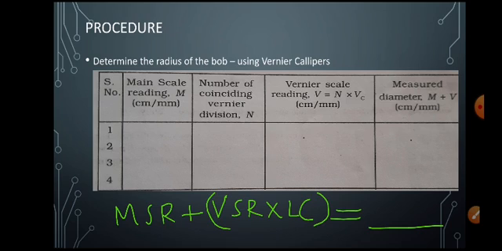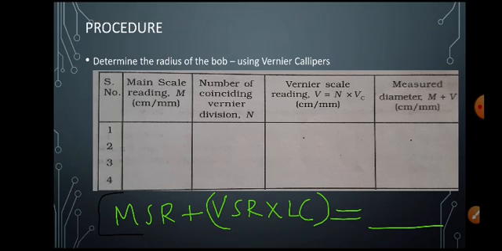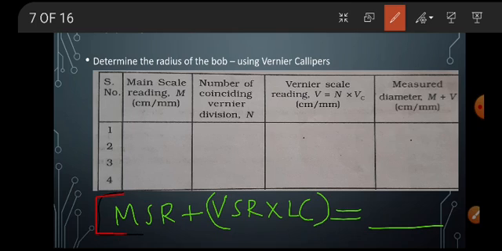Vernier scale reading is Vernier scale reading into least count. So the total value, MSR plus VSR into LC, gives the value, right?